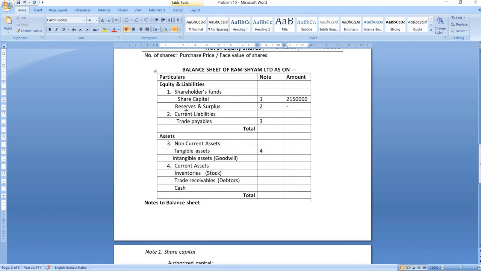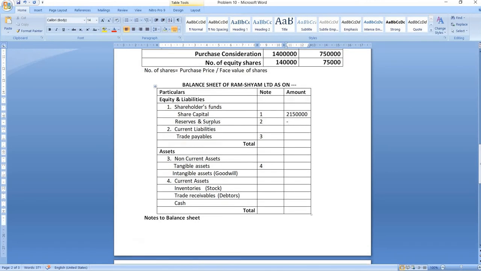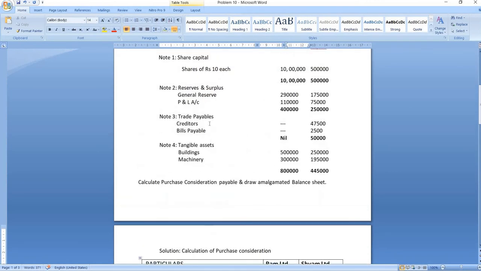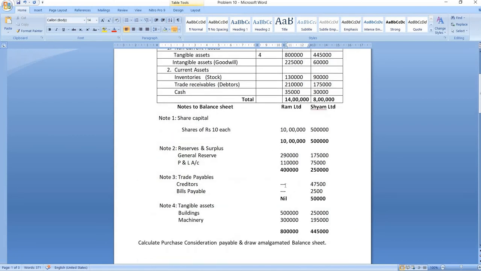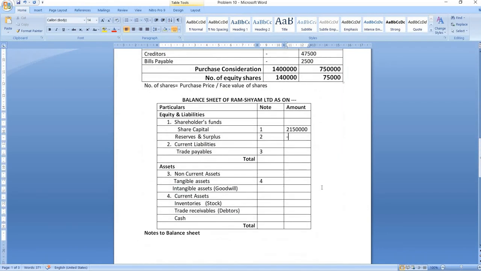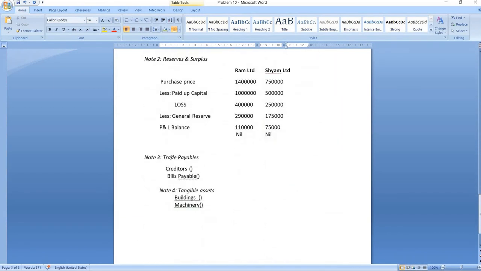Now let us look at the next point in the balance sheet, that is current liabilities, in that trade payables. So let us look at the trade payables given in the problem. Now creditors for Ram Limited it is 0 plus for Shyam Limited it is 47,500. So we will take it here. Trade payables, creditors 0 plus 47,500, total 47,500 in the outer column.